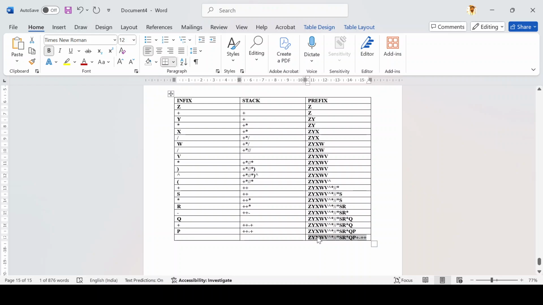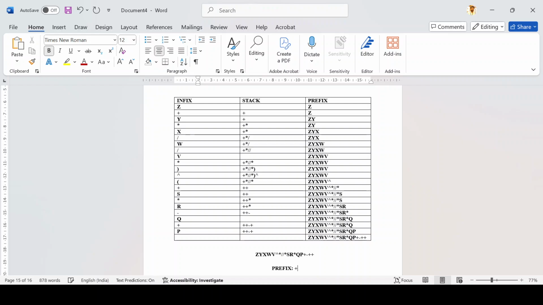So now this is the expression for the prefix. But will we leave it like this? No. We should reverse it once again for the final expression.